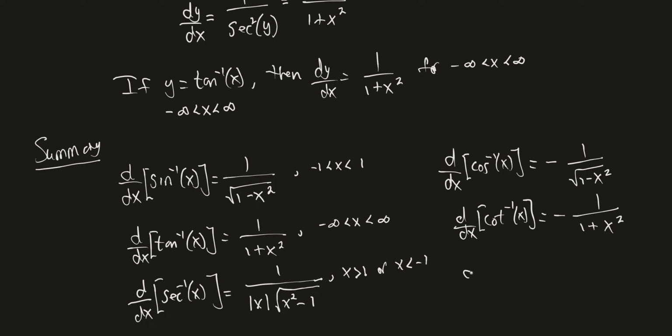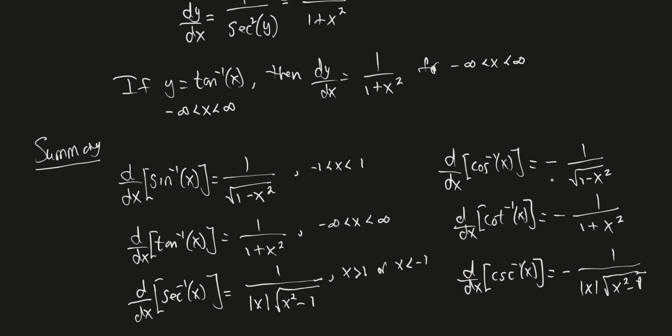And then finally, the derivative of arc cosecant is negative 1 over, again, absolute value of x times the square root of x squared minus 1.